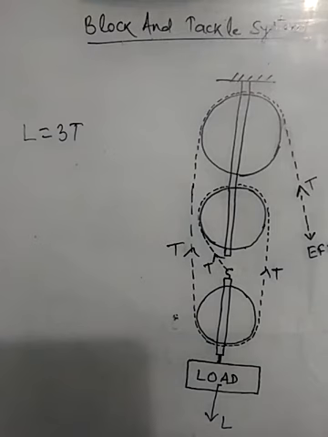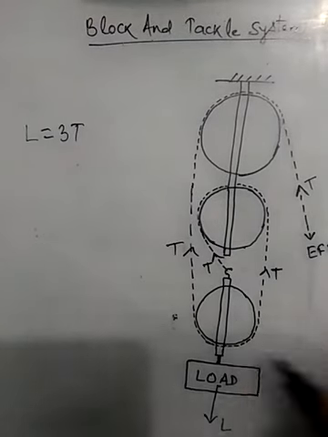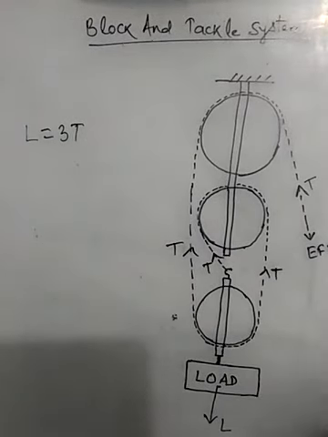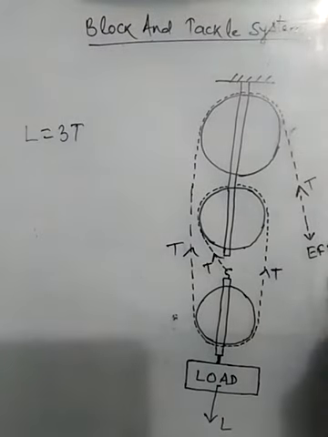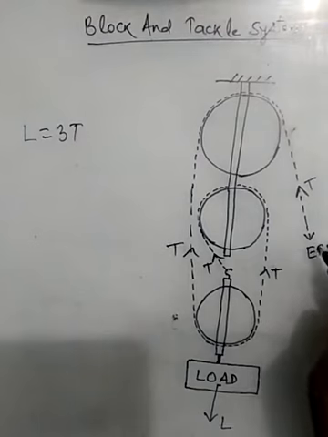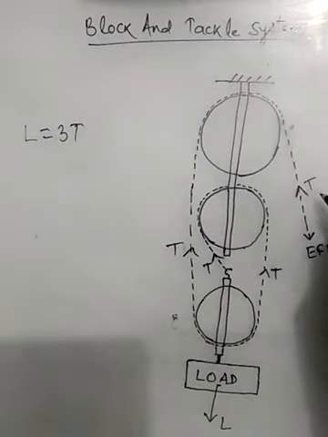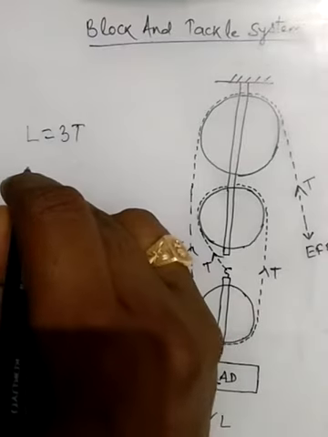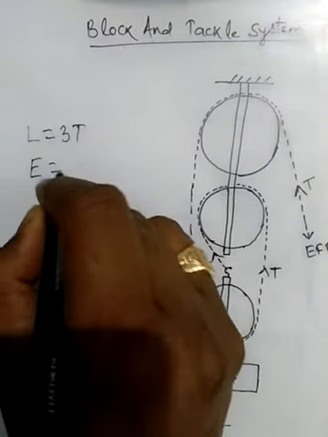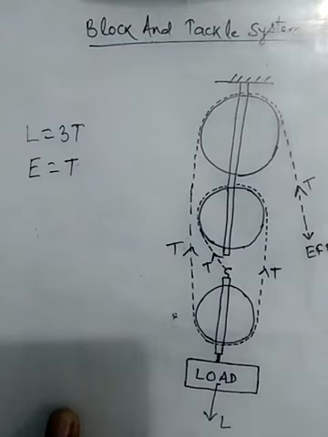Load is applied downward and this tension acts opposite to the load. Therefore L will be equal to 3T, and at the effort end there is a tension which is acting opposite to the effort. Therefore here effort will be equal to T.